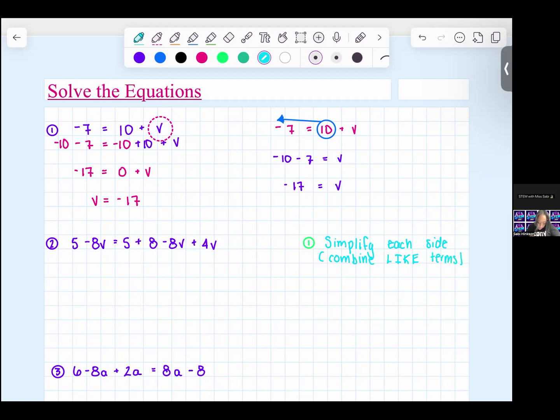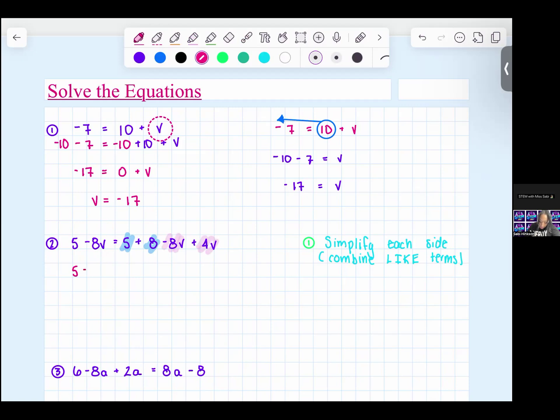On the left side over here, there's nothing that I can combine. But on this side, I see I have some constants, and I also noticed that these are like terms. So I can combine and consolidate those.